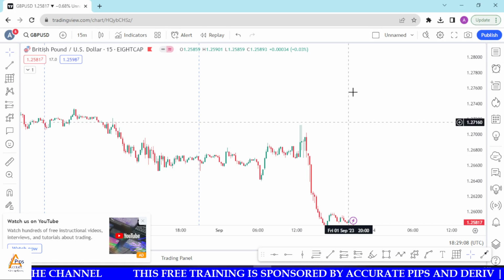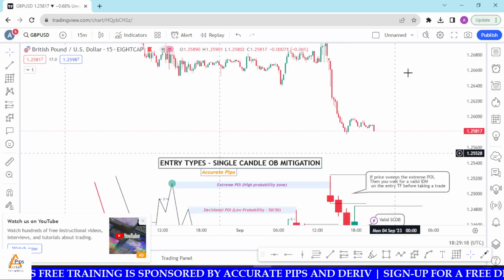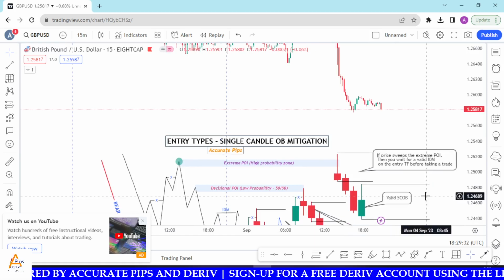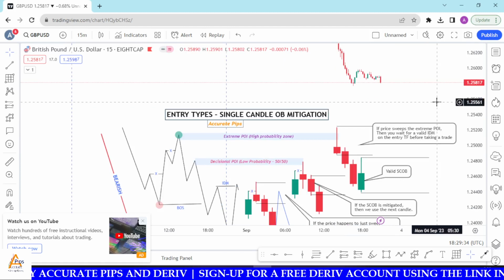Like for instance here, see that I told you here, when the top one here is mitigated, then we use the next candle, like we see here. Oh, sorry, the chart is quite slow.